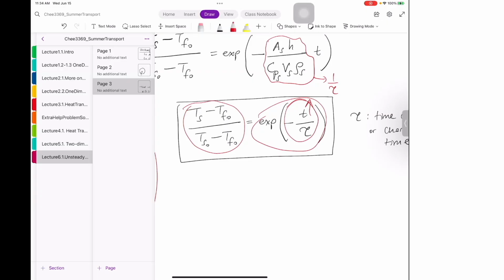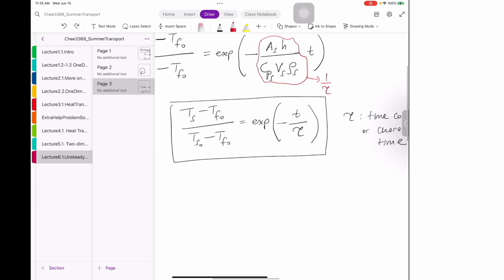And when this becomes close to 0, the numerator becomes almost 0. So Ts approaches the value of Tf0. Okay. Basically, the pool is so large that its temperature is not changing anymore. So it's only the solid temperature which is changing. And at the end, the solid temperature is going to be equal to the fluid temperature because the fluid volume is so high.